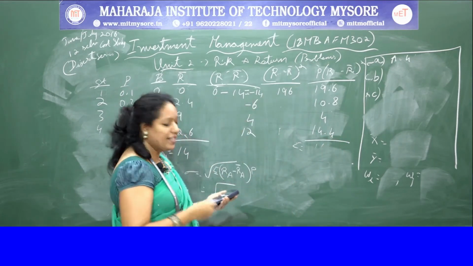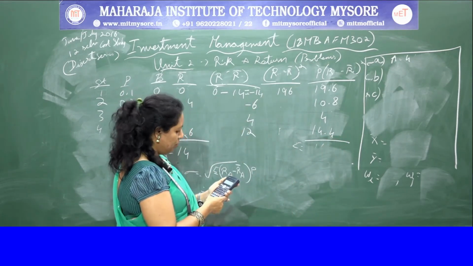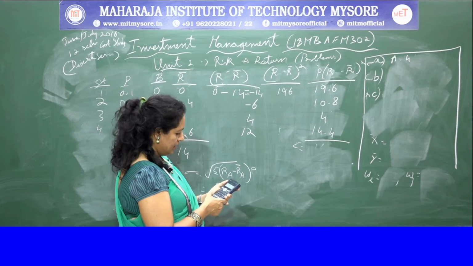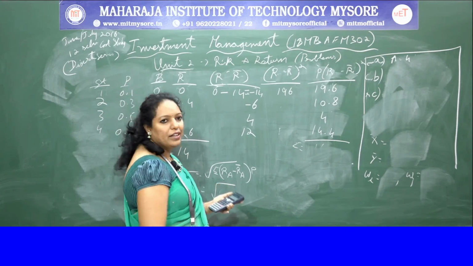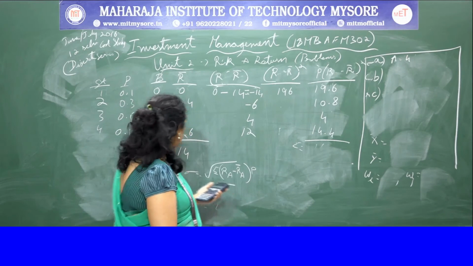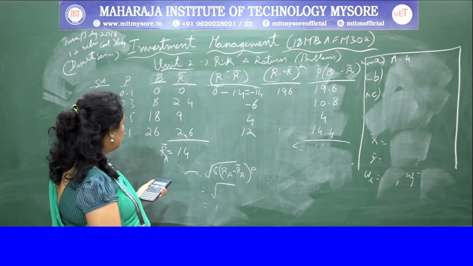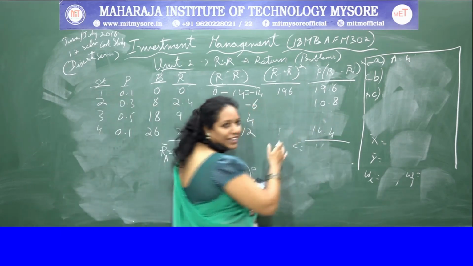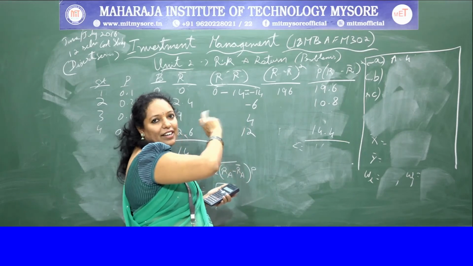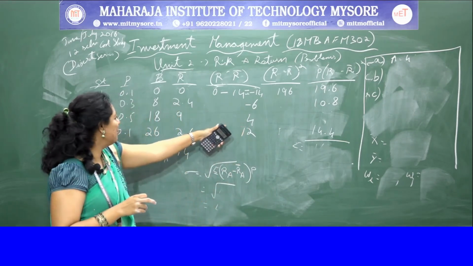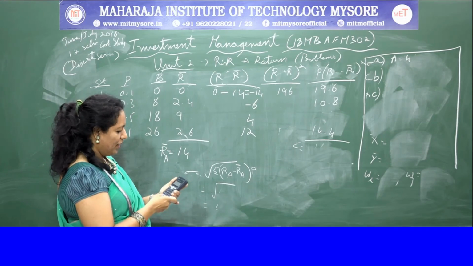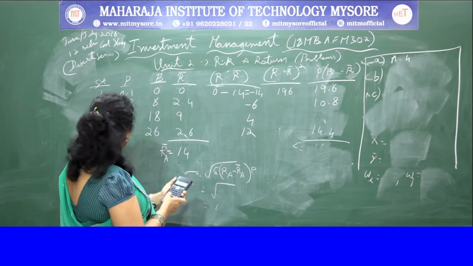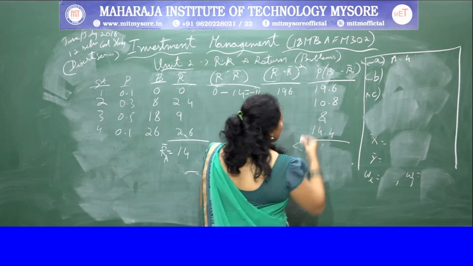So you need to add all these. So 19.6 plus 10.8 plus 4 plus 14.4. You get as 50. Did I make a mistake? I think so. Yeah. Here 19.6 is right, 10.8 is right. Here I have made a mistake because 4 into 4 we have got 16 and 16 into 0.5 we have got 8.